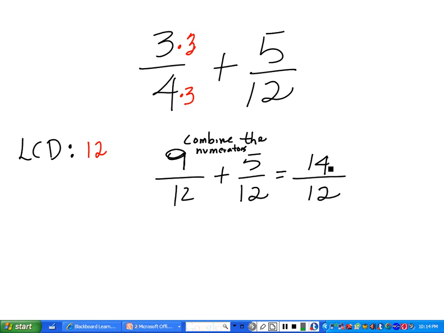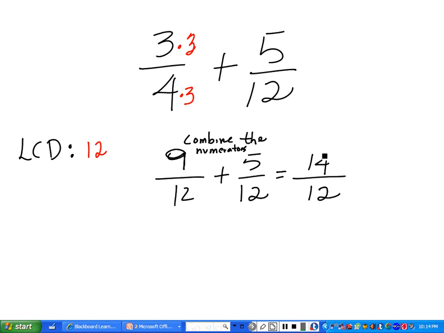Now looking at this, it looks as if we can reduce this. So this is simplifying the fraction now. So I noticed that 14 and 12 has a common factor, and that common factor is 2, and we must get rid of that common factor. And usually we divide these numbers by that common factor.